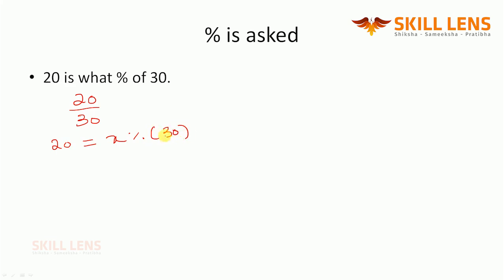Once you rearrange, you will arrive at this only. So 20 by 30 is 2 by 3, recollect our second video. What is 2 by 3? 66.66%. Isn't it so? So this is how our previous videos will help you answer this one.